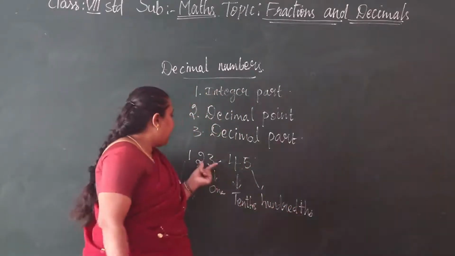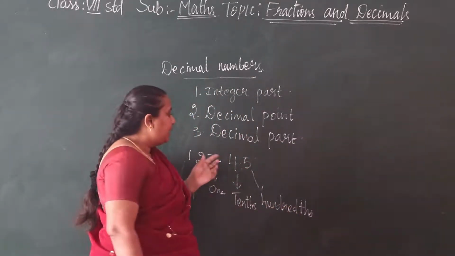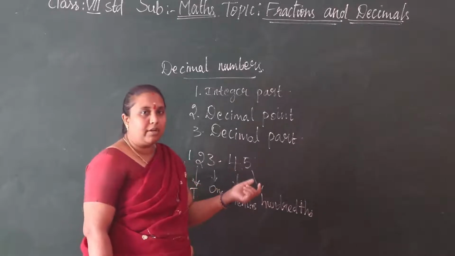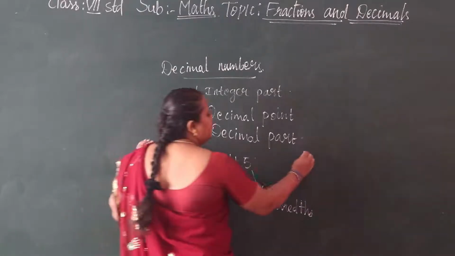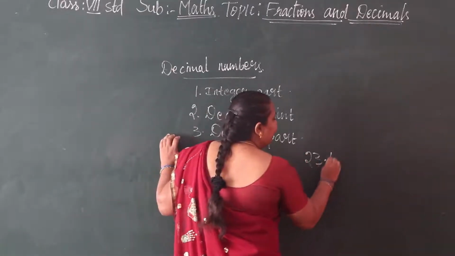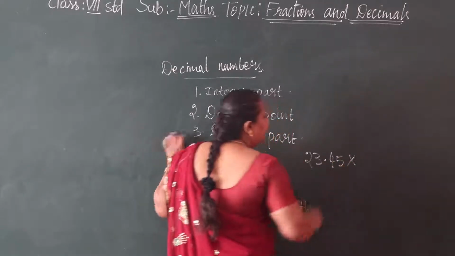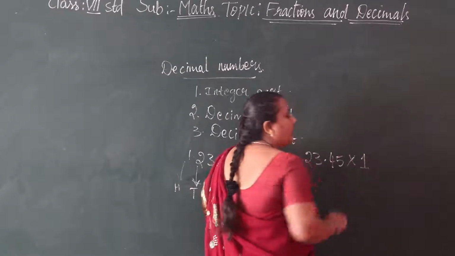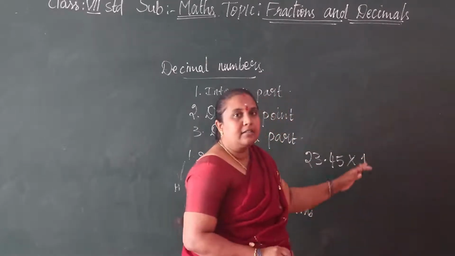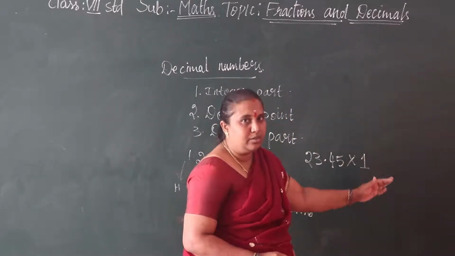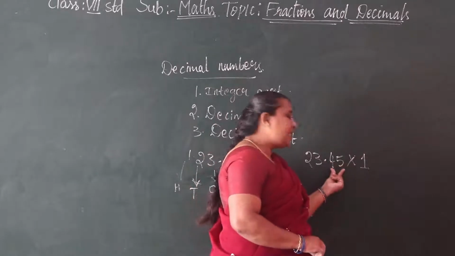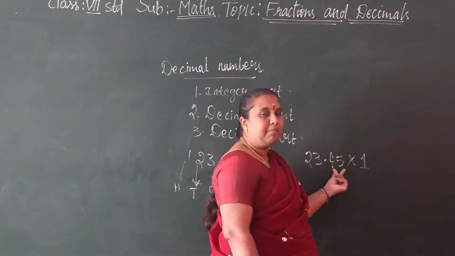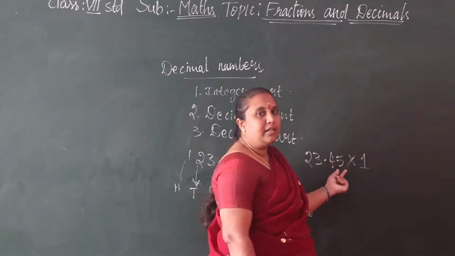We multiply the given number, 23.45, by the number 1 followed by zeros.